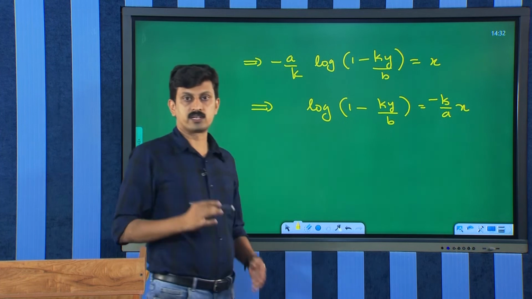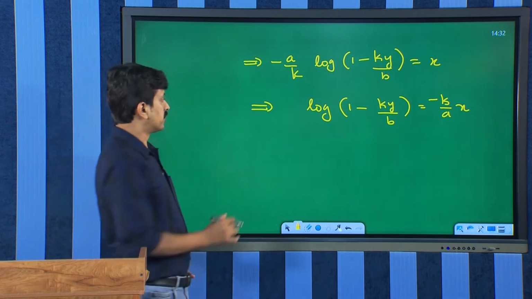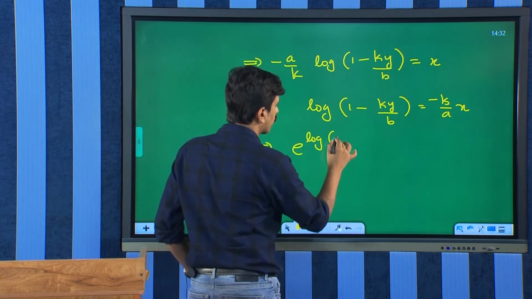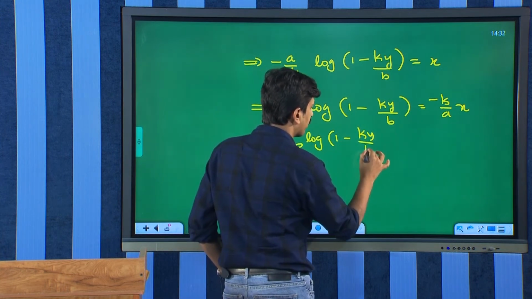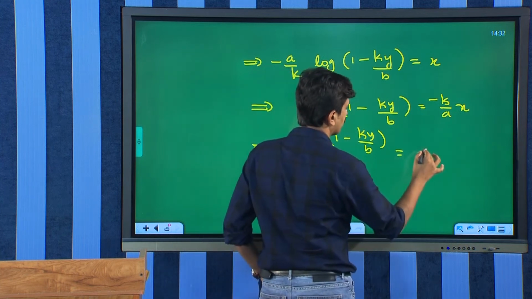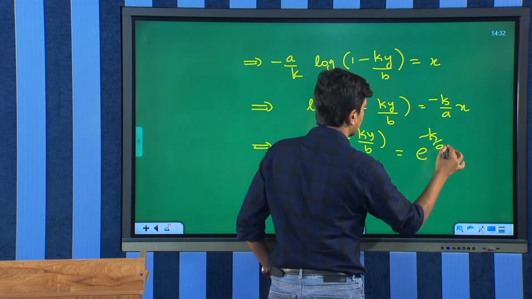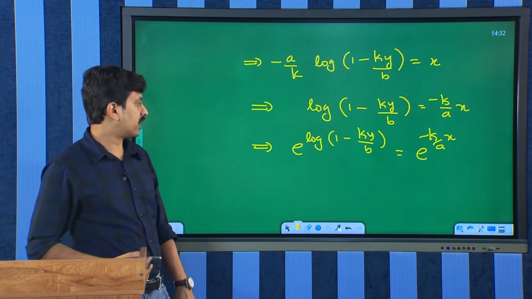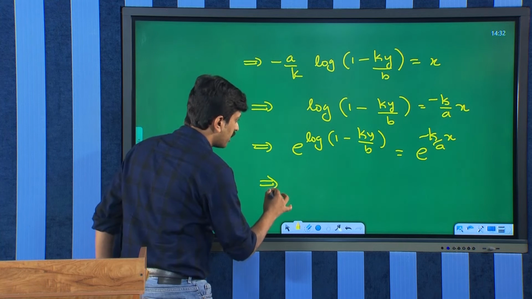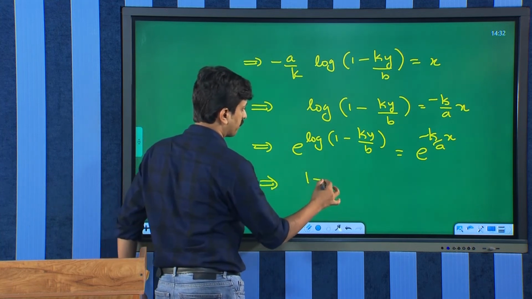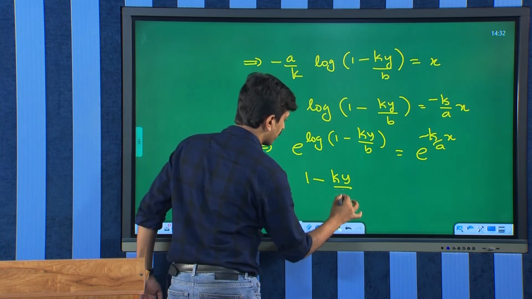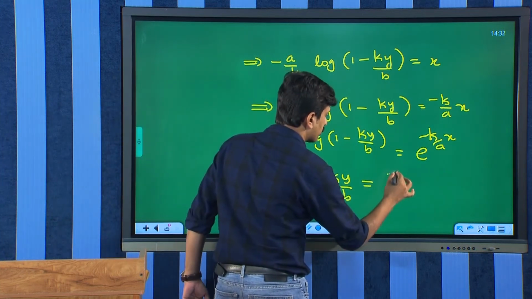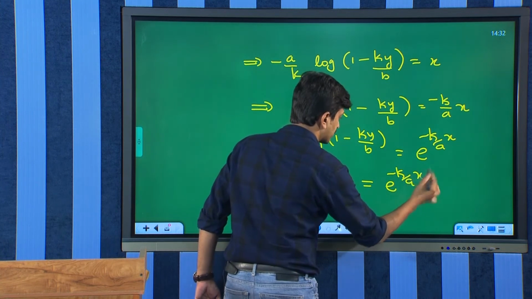Okay. Taking the exponential function on both sides, we can write this as e raised to log 1 minus ky divided by b is equal to e raised to minus k by a x. So, since e and log cancel, 1 minus ky by b is equal to e raised to minus k by a x.